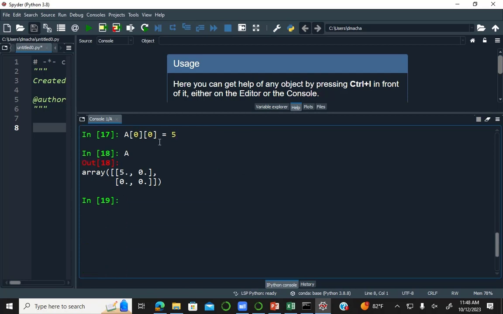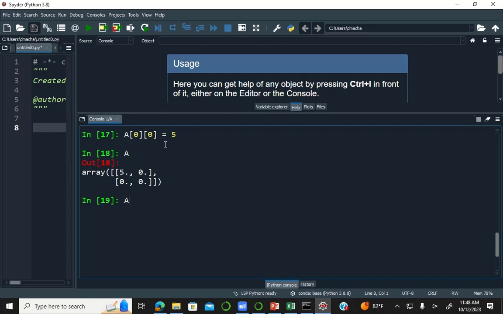But for Python, Python numbers stuff starting with the 0. So for Python, this is the 0th row and the first row, and the 0th column and the first column. And so if you type in A00 with the square brackets, it's telling you the row index and then the column index. And so if I tell Python that the 0th row, 0th column is equal to 5, it's going to put a 5 in the top left.